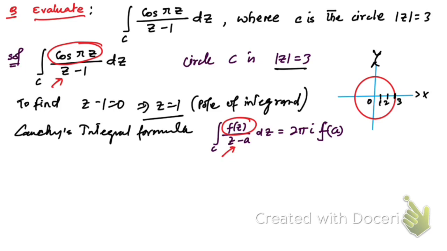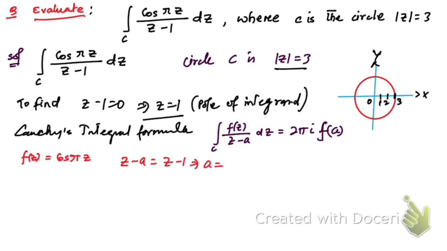Comparing these two, we get f of z is equal to cos pi z, and z minus a is equal to z minus 1. That means a is equal to 1 here, right? a is equal to 1.